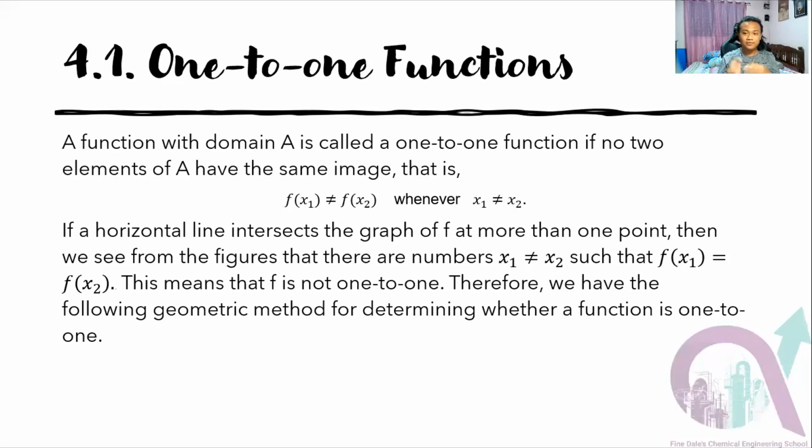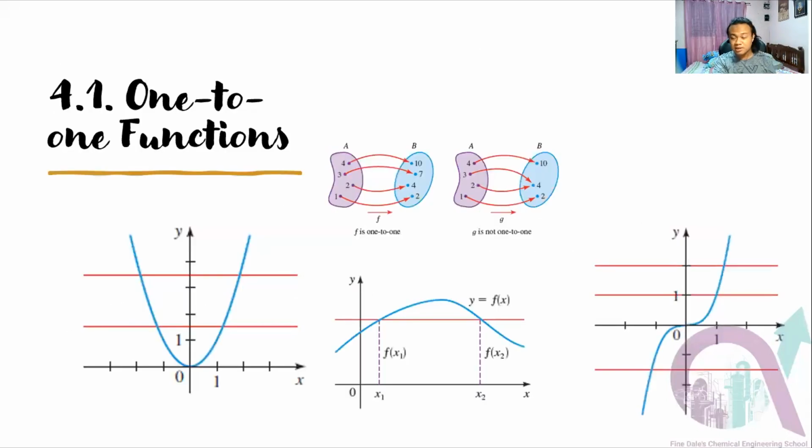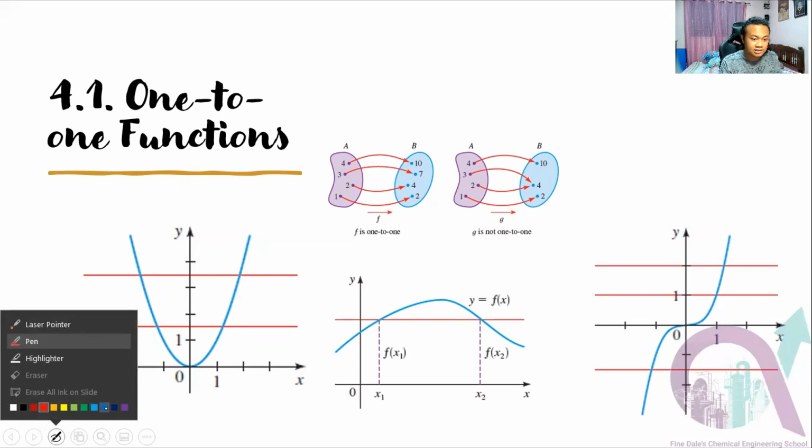Okay? So a one-to-one function only corresponds to one input, only corresponds to one output. So that's essentially a one-to-one function. Let's change colors here. Let's try blue.